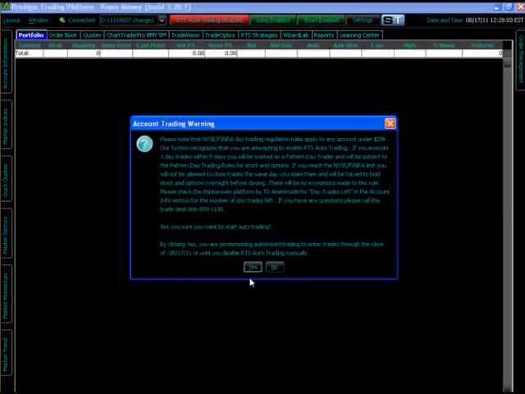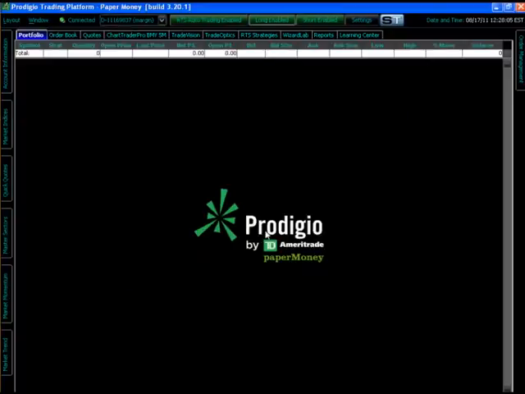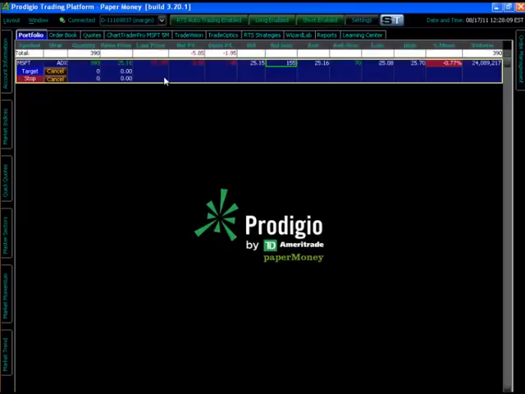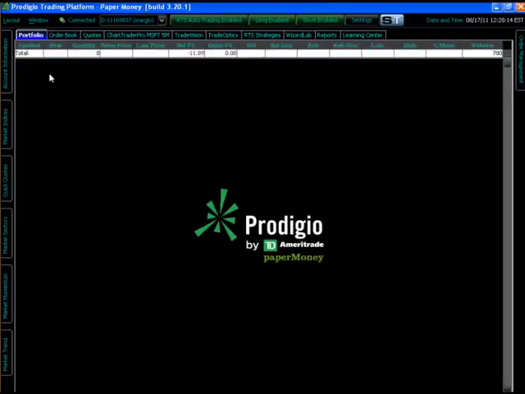So under my portfolio, if I enable RTS trading, it's going to scan for those trading opportunities. And see, this is a very frequently trading strategy. It put on a trade on Microsoft and it got out of it that quickly. So based on my entry and exit criteria, do you see how fast that was? That's the whole philosophy behind Prodigio RTS trading.